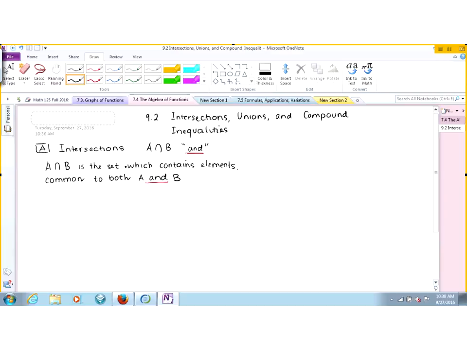So for example, let's talk about the set A, the first 5 natural numbers. I want you to tell me what they are. And then B is the set of the first 5 prime numbers.